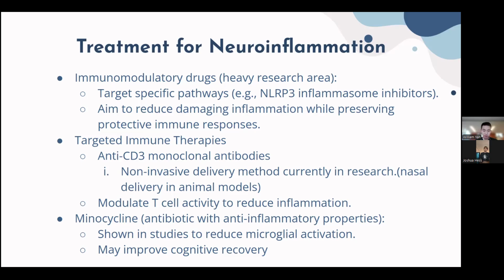A lot of the time the microglia will tell T cells to carry out their orders to attack our own neurons, and by inhibiting those T cells, the therapy aims to reduce inflammation as well. Non-invasive delivery methods are also being researched. I've read an article about nasal delivery in animal models, and the efficacy, at least in the animal model, looks pretty decent.